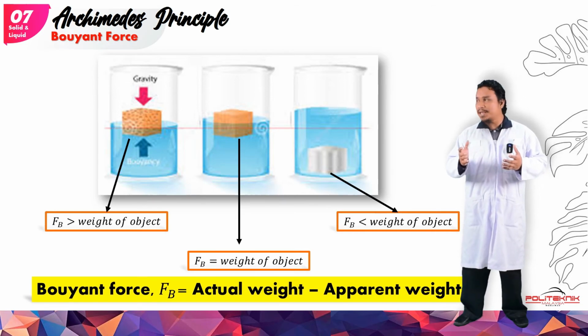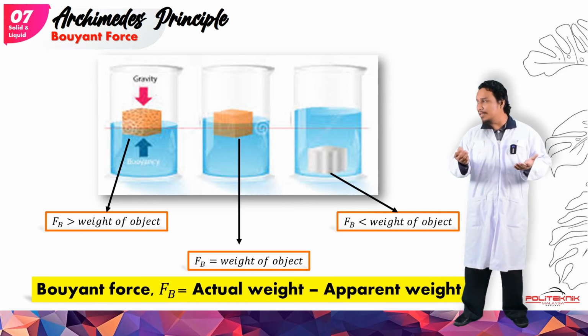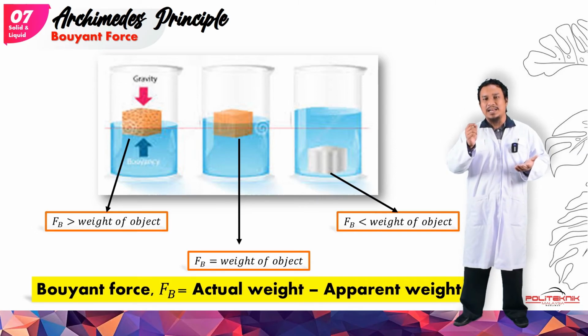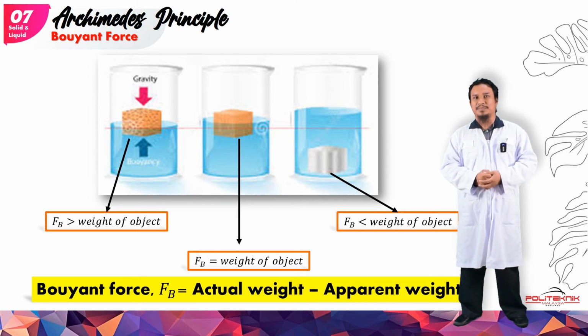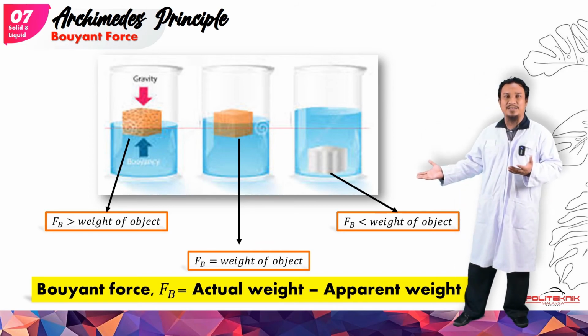On the middle beaker, buoyant force equals the weight of the object. It balances itself, right? Whereas the third beaker shows that FB, the buoyant force, is less than the weight of the object. Is it easier when you look at the figure?